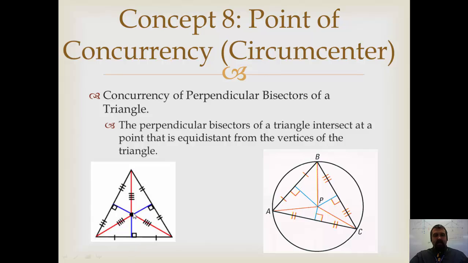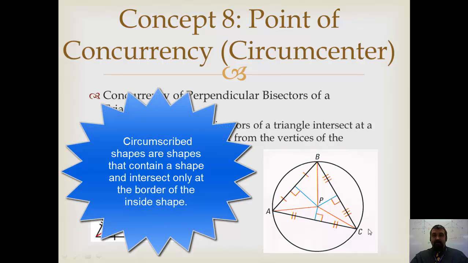This point of concurrency, if I would draw a circle with radius of this red line here, what I would see is that this here would happen. So if I would go from the point of concurrency called the circumcenter in this case, and it goes from point P to point C is the radius, well, that circle will perfectly circumscribe.